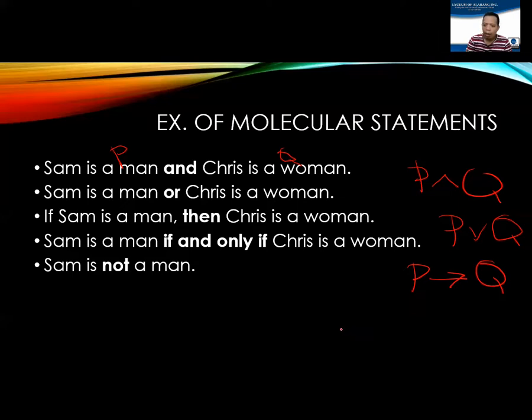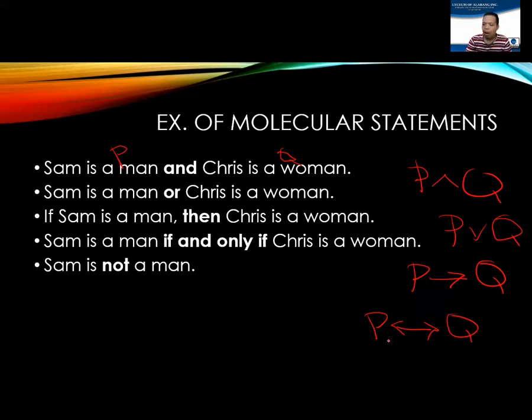The fourth example: Sam is a man if and only if Chris is a woman. When we translate this molecular statement into a well-formed formula, this is P, then a double arrow that specifies if and only if, then Chris is a woman, Q. So this is the well-formed formula for the fourth example.